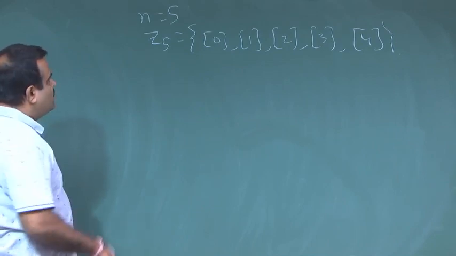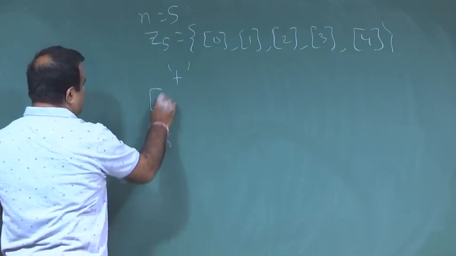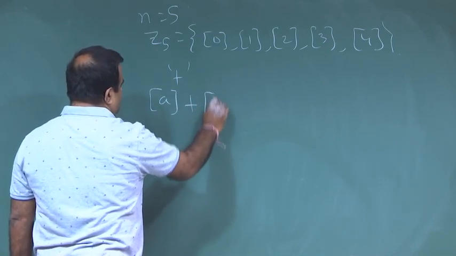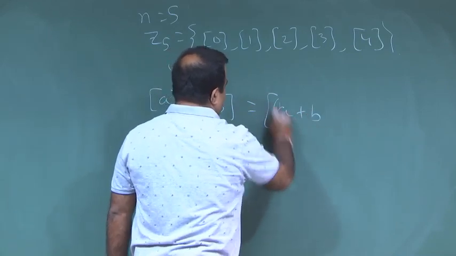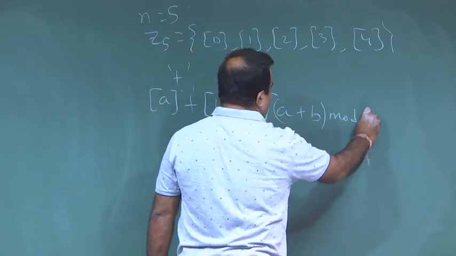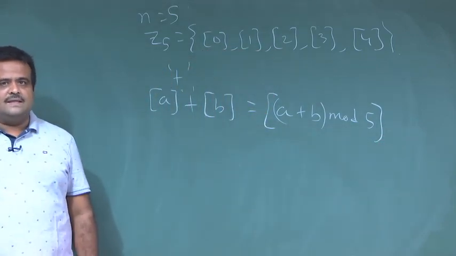Now, how do we define an operation like plus? Plus means if you take any two elements A, B, A plus B we define as A plus B mod n. Here n is 5, so mod 5, and this will give us another class.